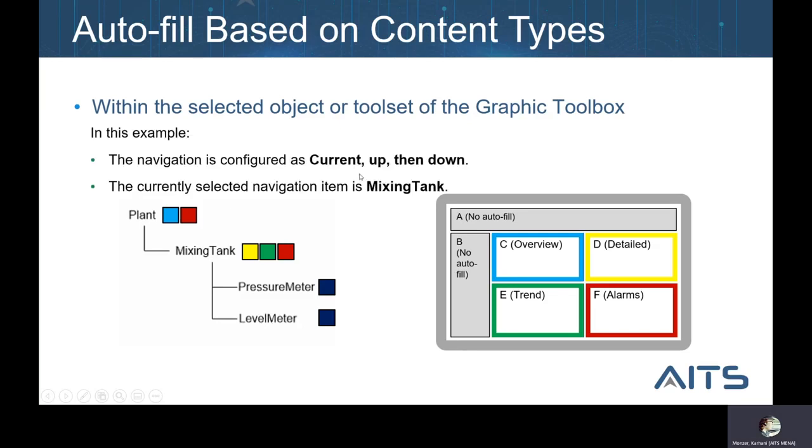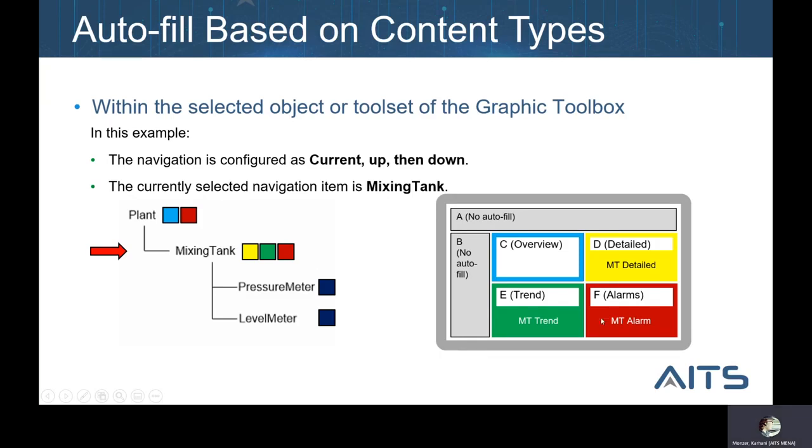I have current, up and down, and I'm clicking the current, which is mixing. Once I click on mixing, the detailed pan will take the detailed symbol. The trend pan will take the trend symbol from the mixing tank, from the current one, and the alarm pan will take the alarm symbol.